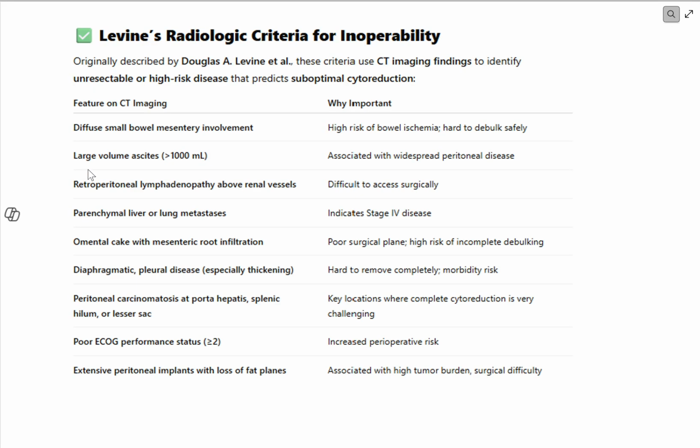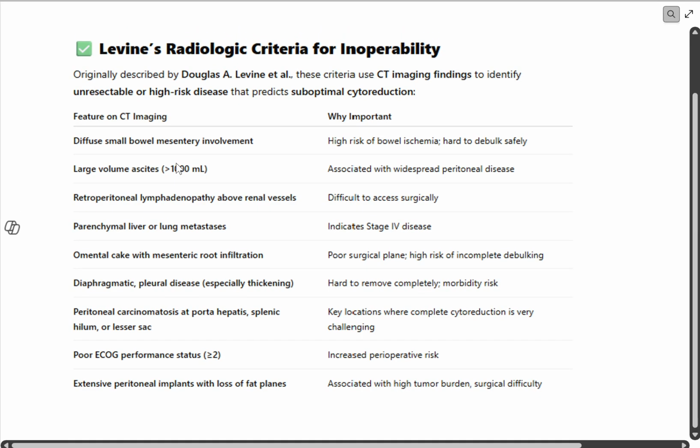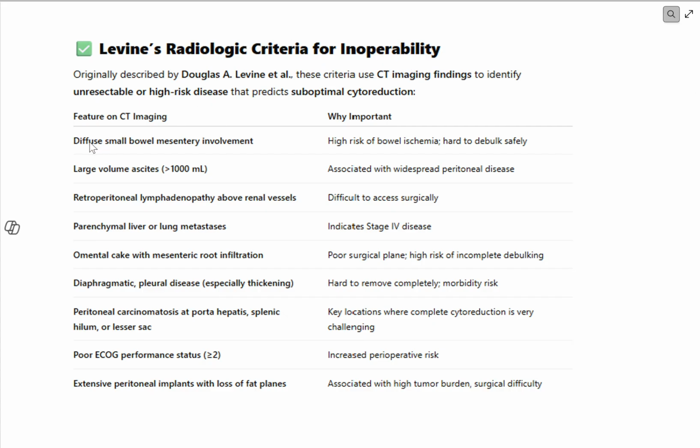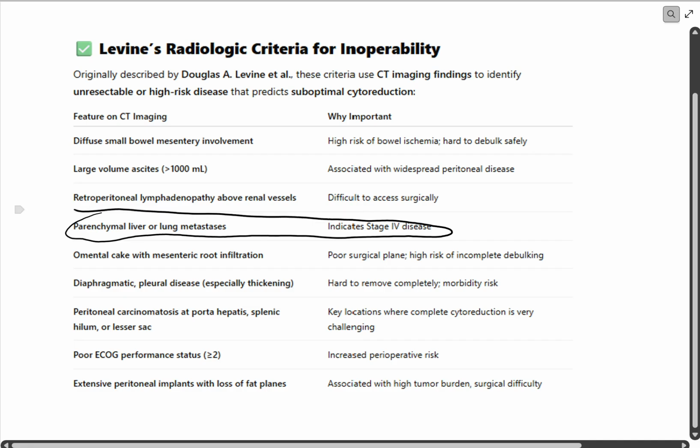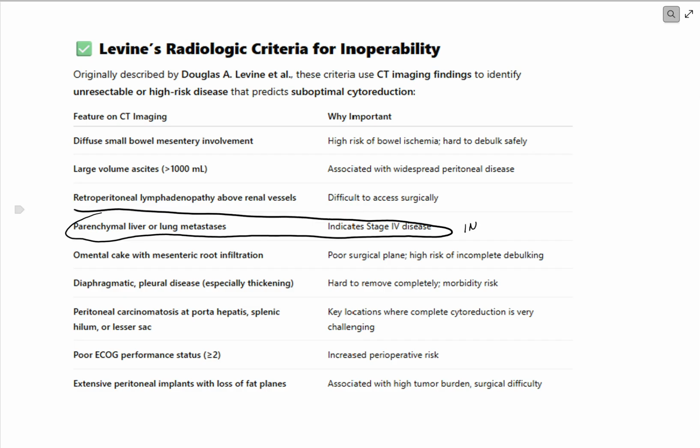The most important thing in deciding if a person can be operated on or not is based on radiological criteria: diffuse small bowel mesentery involvement, large volume ascites, retroperitoneal lymphadenopathy, parenchymal liver or lung mets. So if you have liver or lung mets inside, then it would become inoperable.